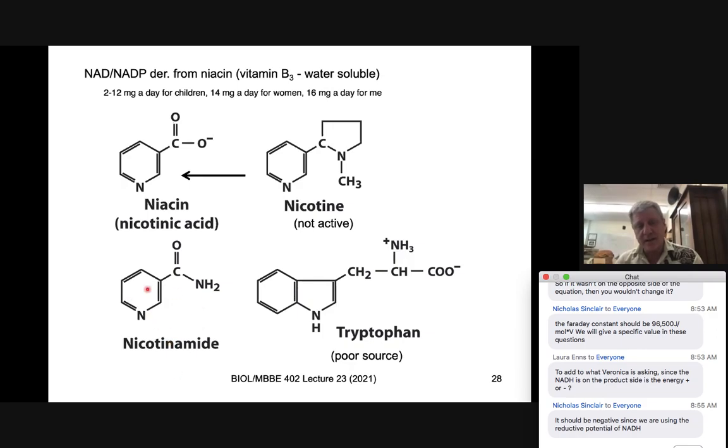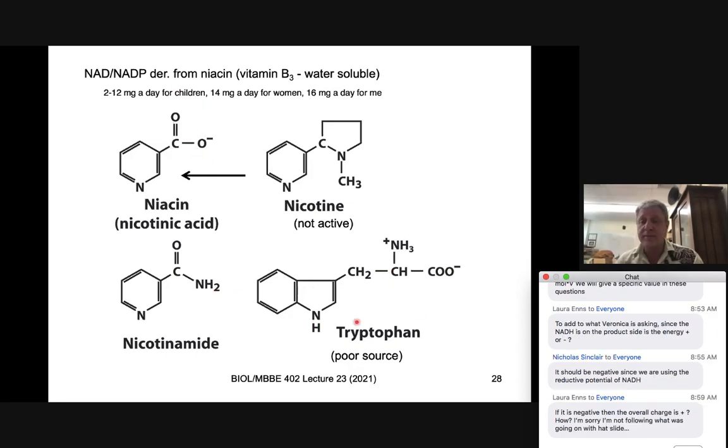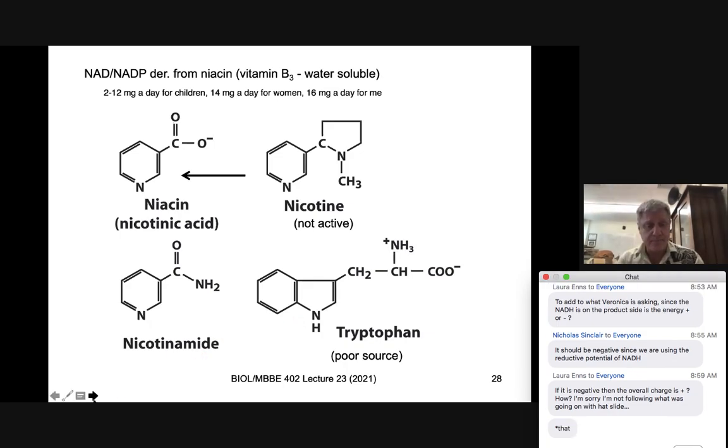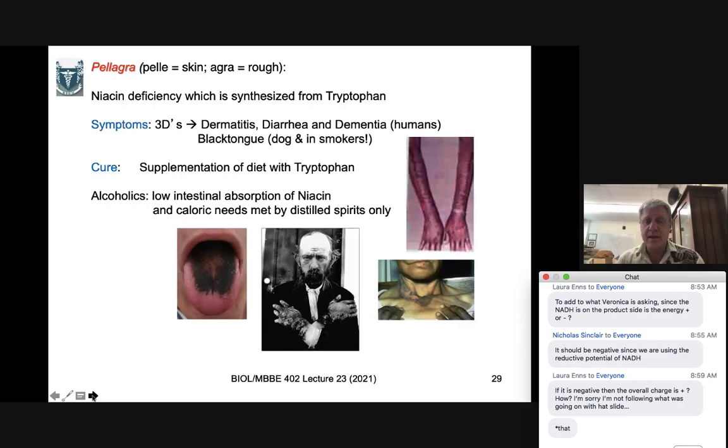Nicotinamide is another constituent that is very similar, with that carboxylic acid now replaced with an amide constituent. Also, tryptophan can be metabolized to give you niacin, but it's a very, very poor source. So we're going to have this supplied in our diets with fortification or from natural foods that we consume in a balanced diet. Now, there is a problem.